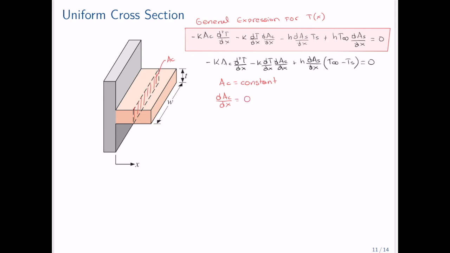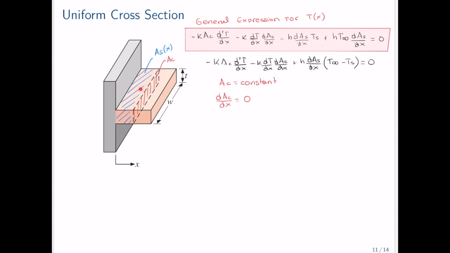On the other hand, the surface area, As, is going to be this one that I'm highlighting: the one on the top, the one on the side, the one on the bottom, and the one on the other side. So this is the surface area, As. As a function of x, it will be equal to the perimeter, this perimeter that we have here, multiplied by x.